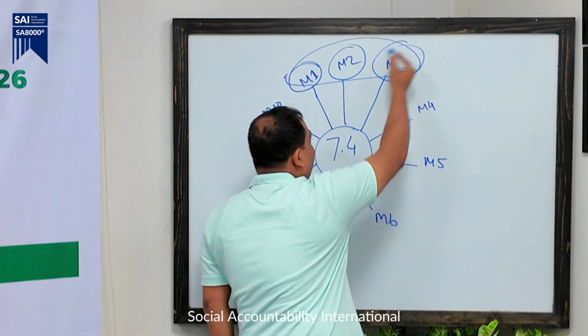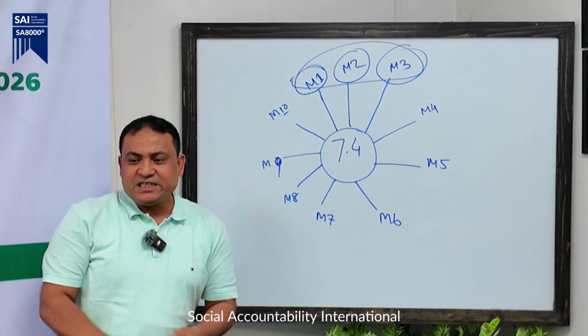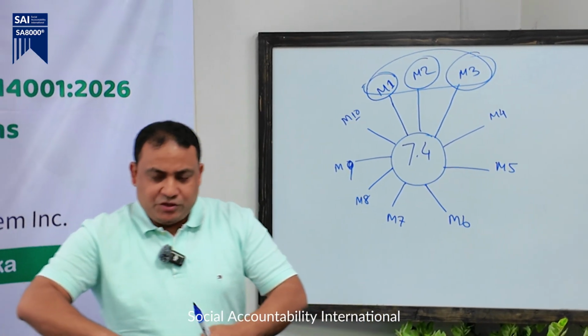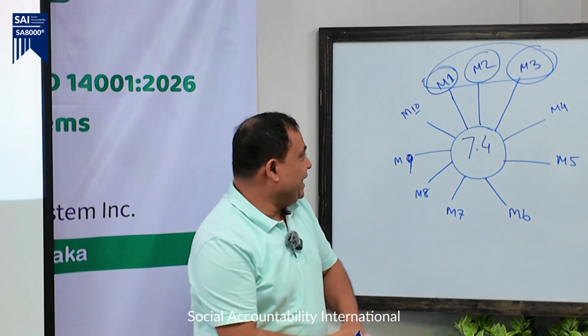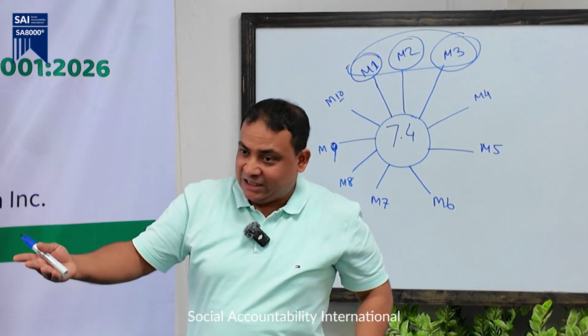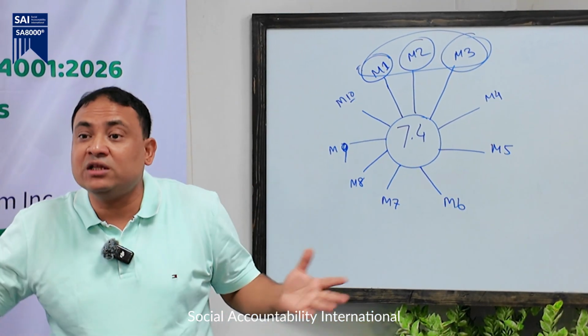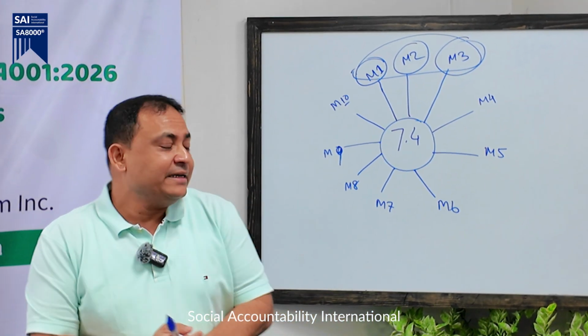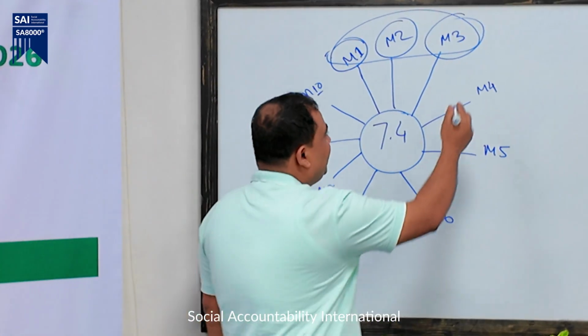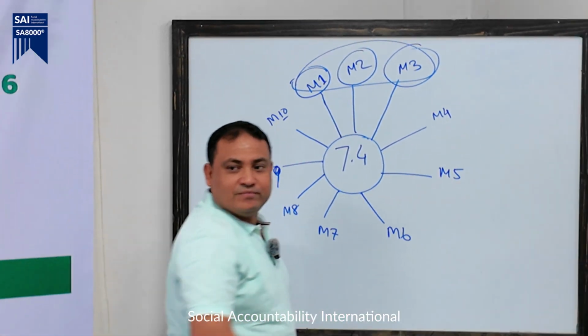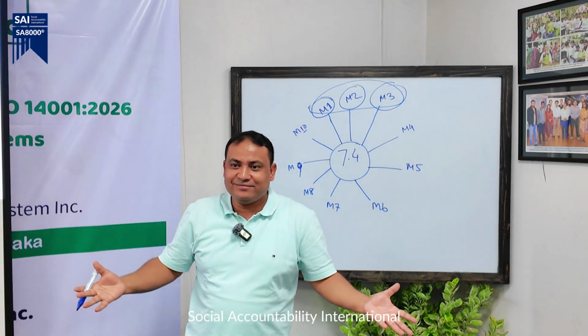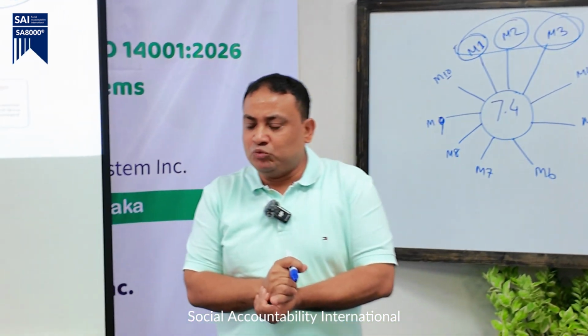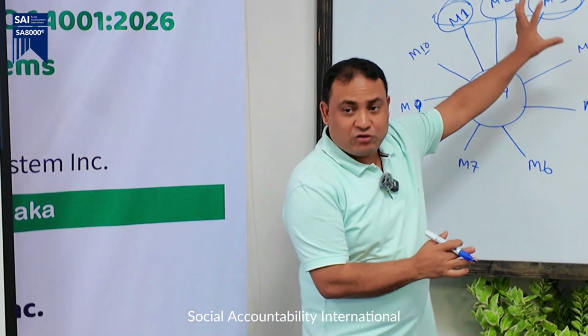So in M3, the organization shall map other stakeholders first, that is, who the stakeholders are, and they have to know their expectation as well, like government, like customers. So they are also stakeholders here.